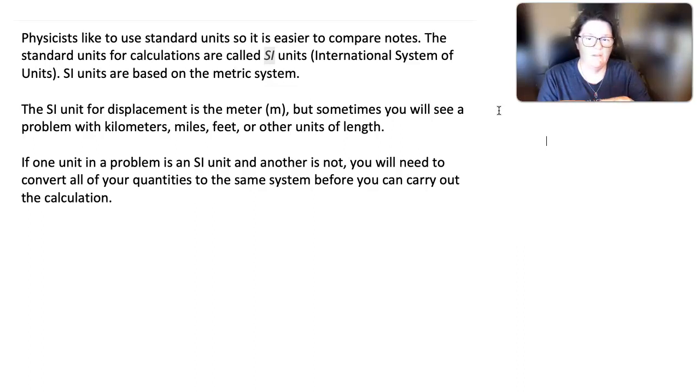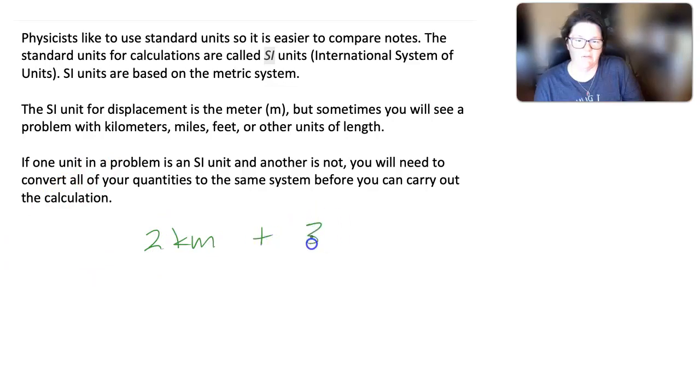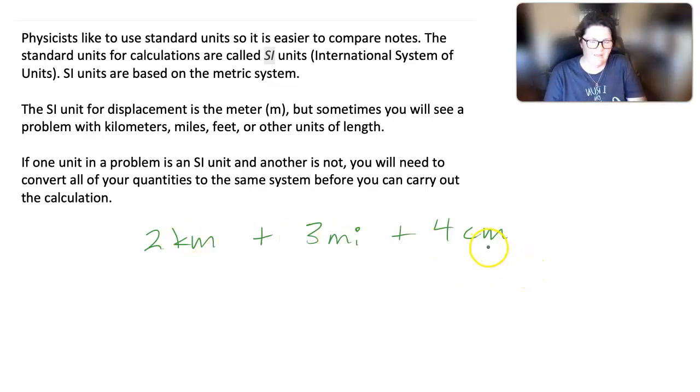So one thing to remember is that if you have multiple units for distance, say you are adding up 2 kilometers plus 3 miles plus 4 centimeters, you can't just add these that easily. They all have to be in the same unit. So you would need to either convert them all to kilometers or convert them all to meters.